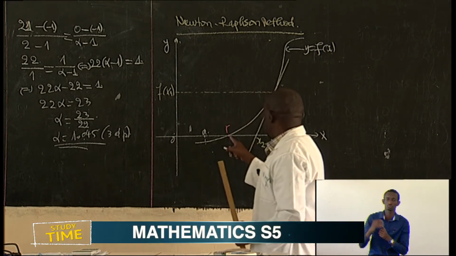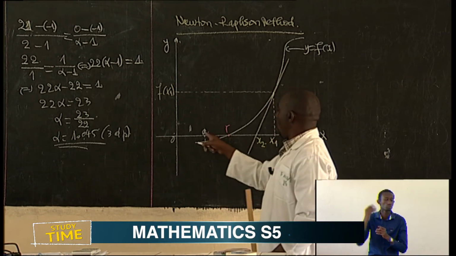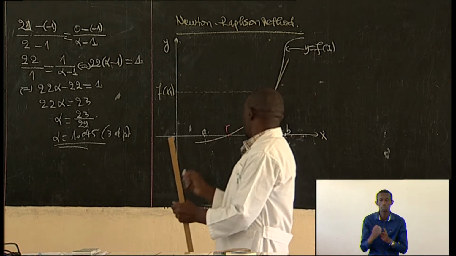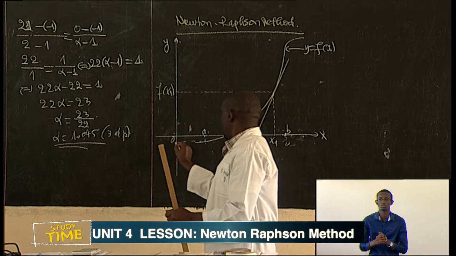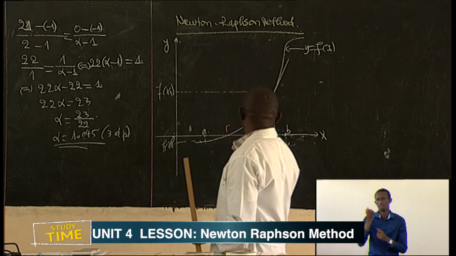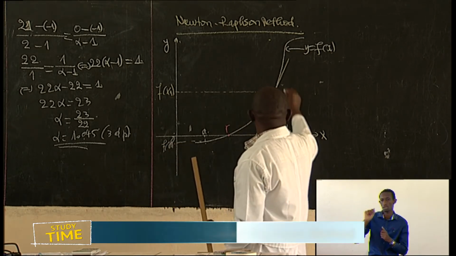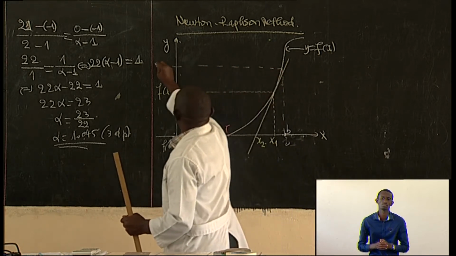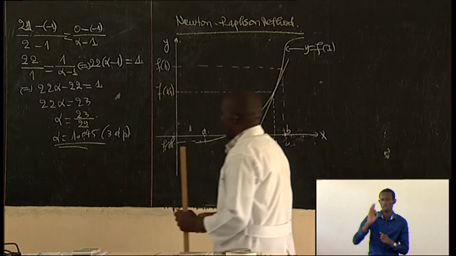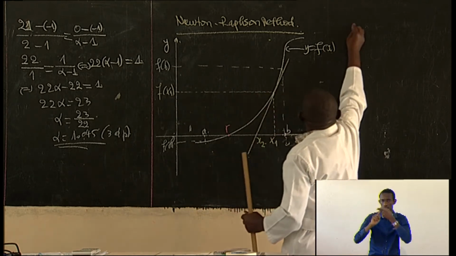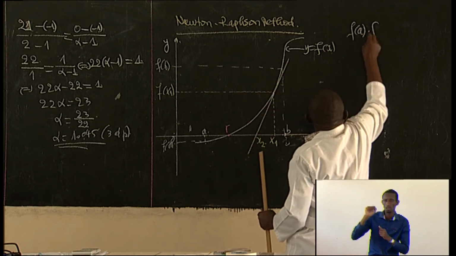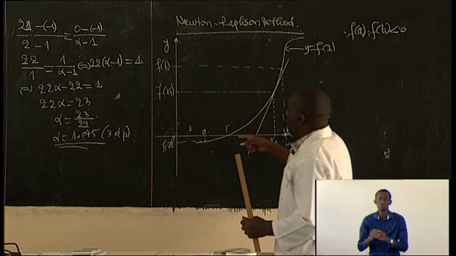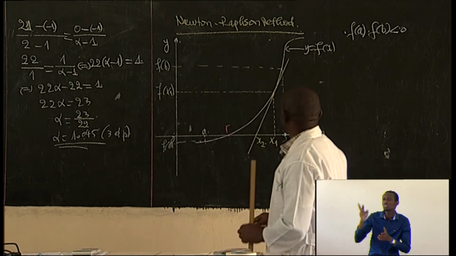So if the root is here, and you have our interval, you see f of A is there, and f of B is there, f of A times f of B is less than 0, means that there is a root between A and B.